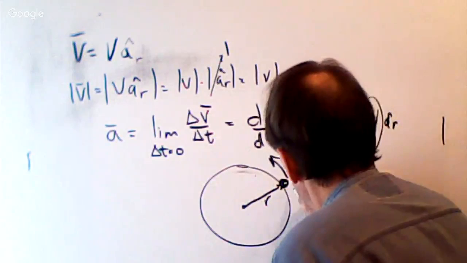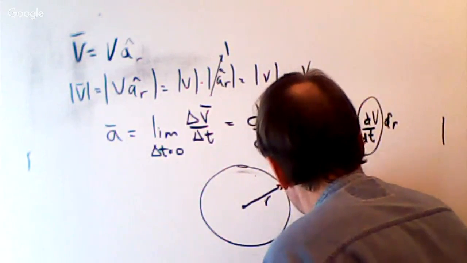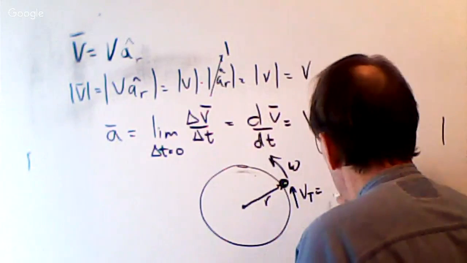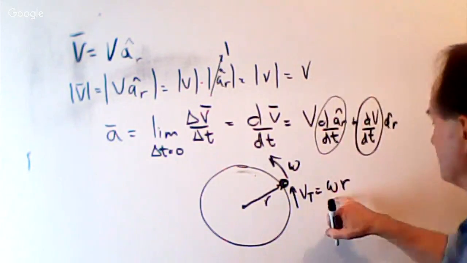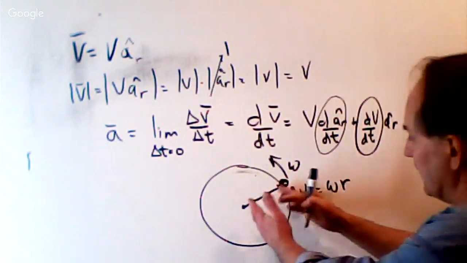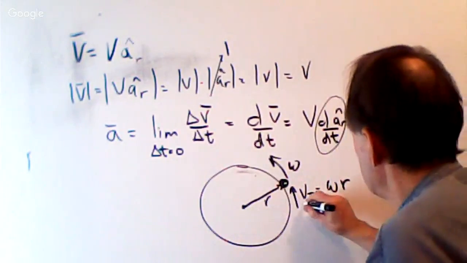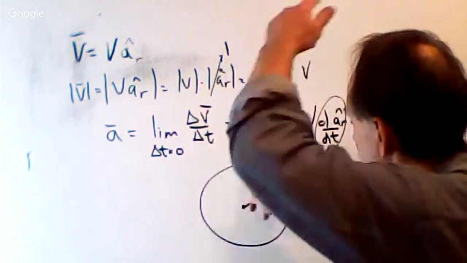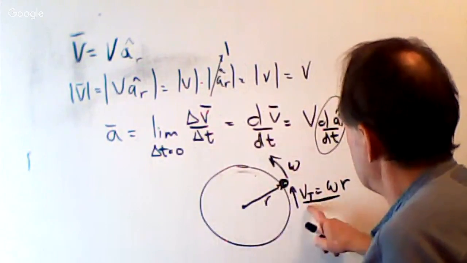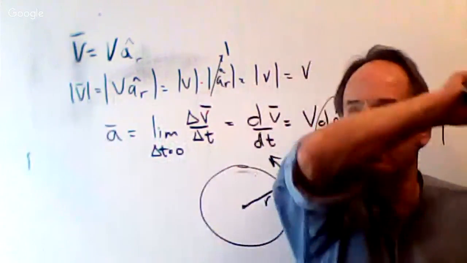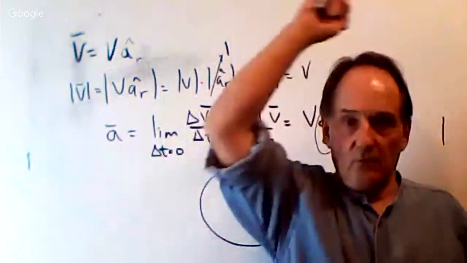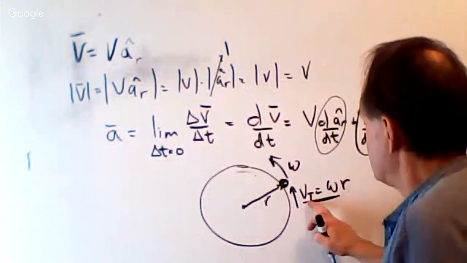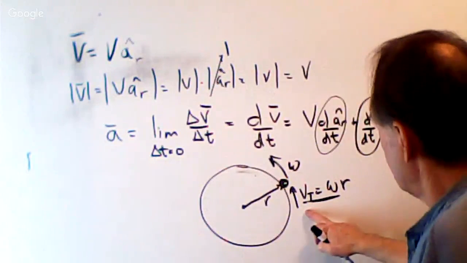The tangential velocity remains constant. This is omega r, revolutions per second times the radial distance out. And this remains fixed for all time in what we call uniform circular motion. This tangential velocity that the object is going around the circumference of that circle it traces out remains constant for all time.